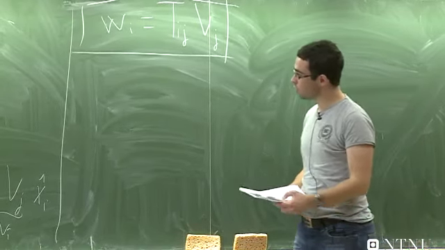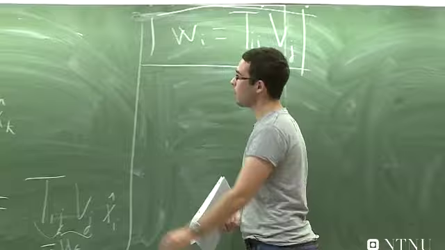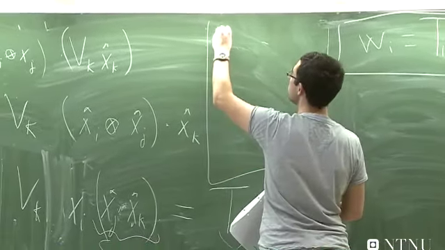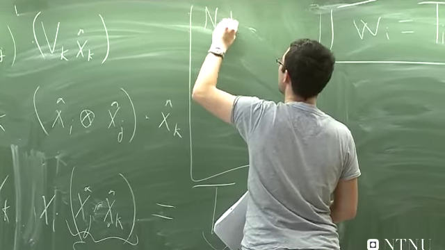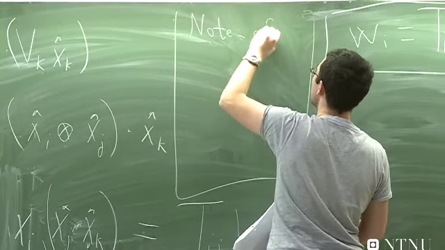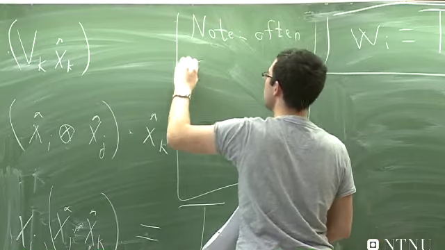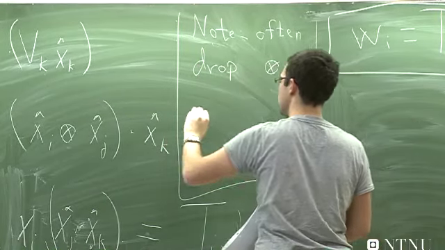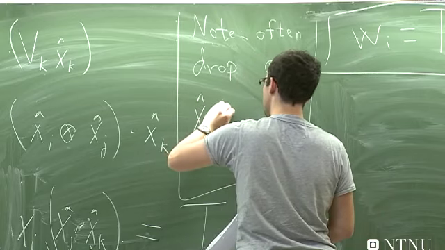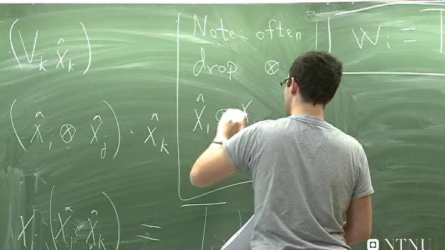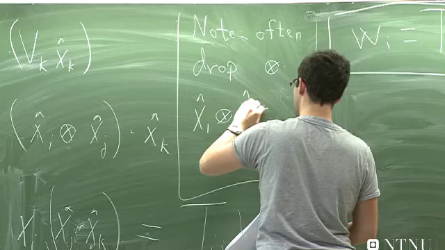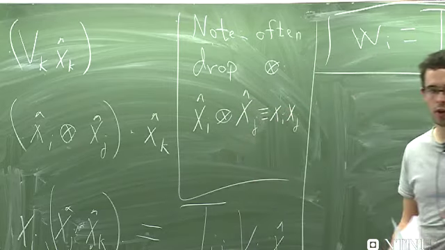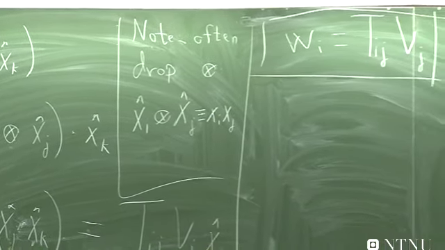Yeah, and often you can just drop the cross product here, because there's not really any other way of interpreting xi, xj.